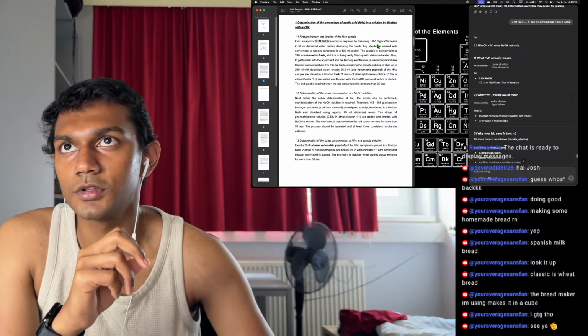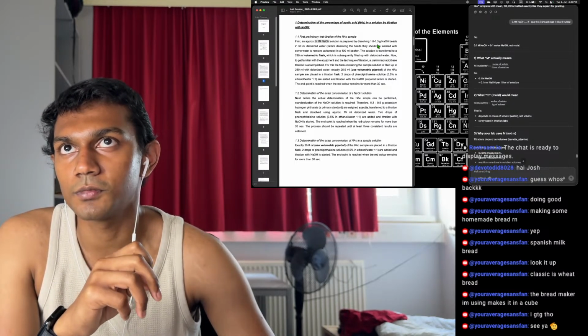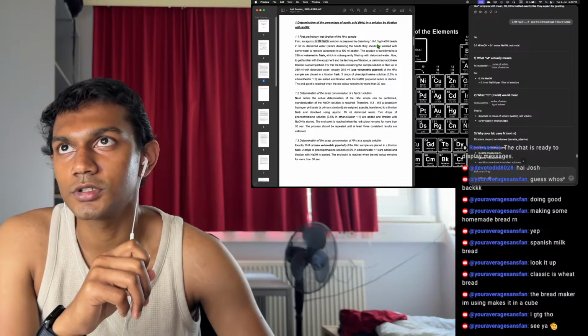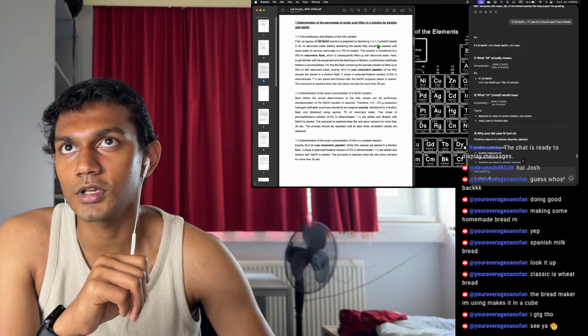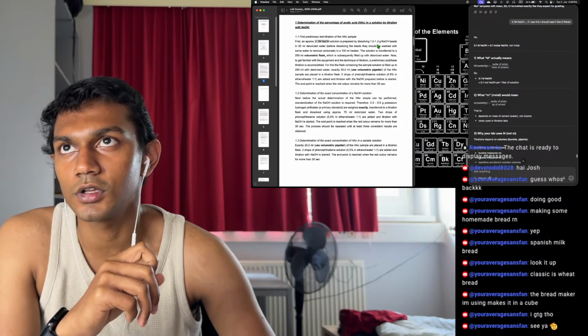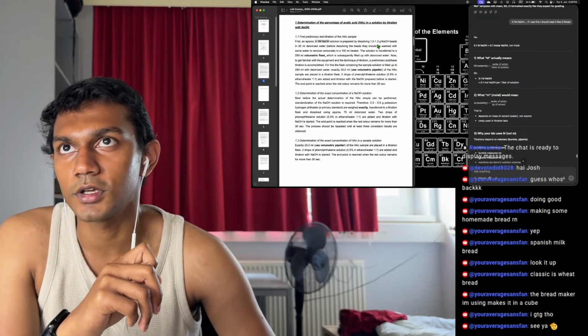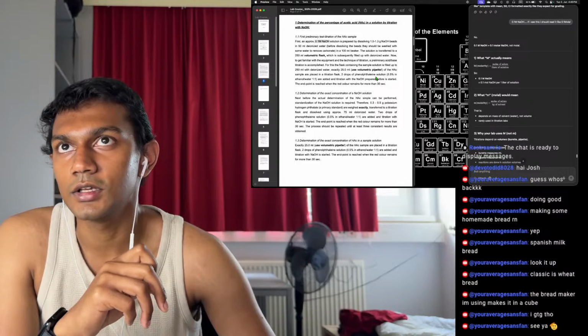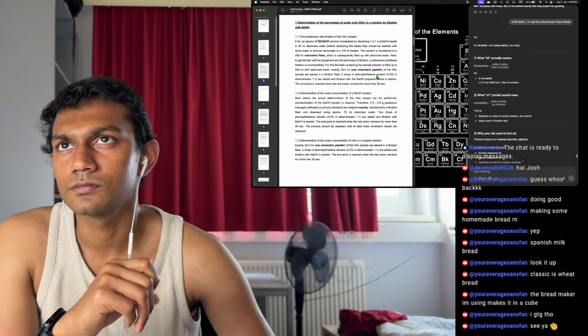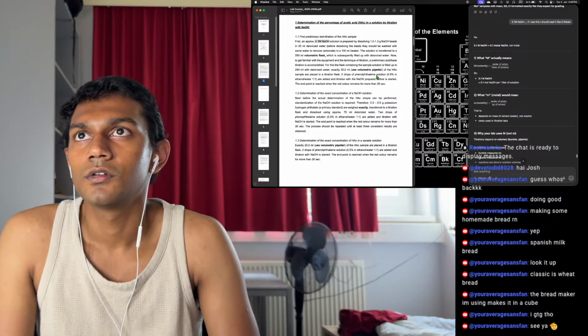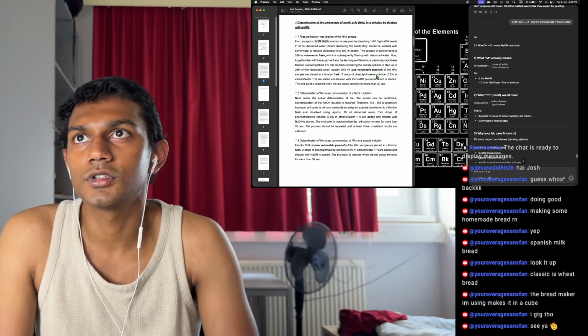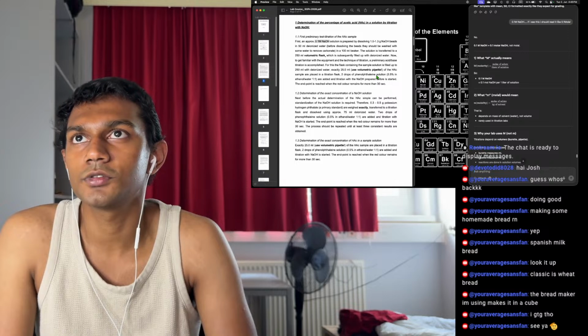Now, to get familiar with the equipment and technique of the titration, a preliminary acid-base titration is accomplished. The flask containing the sample solution is filled up to 250 milliliters with deionized water. Exactly 25 milliliters of HAc sample is placed in the titration flask.